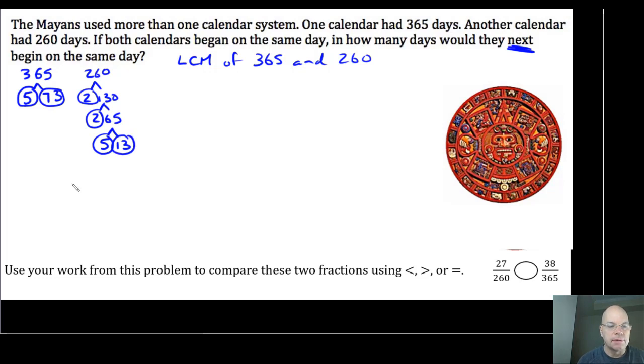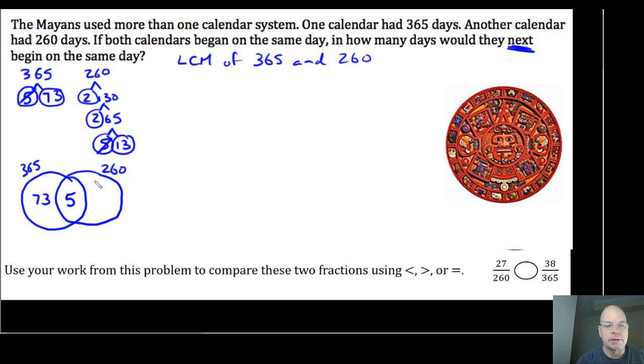So when I make the Venn diagram for 365 and 260, there's a common prime factor of 5 in the intersection. And then we need a 73 here and two 2s and a 13 here.